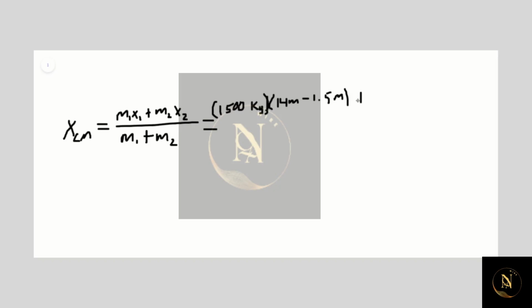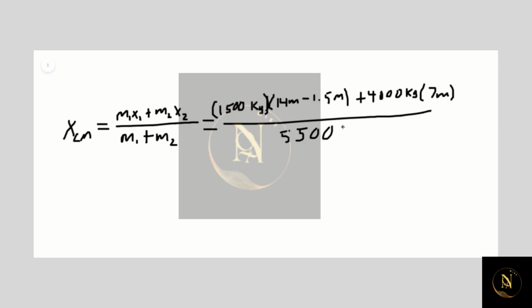And then M2 is 4,000 kilograms multiplied by x2, which is 7 meters. Then this is going to be divided by 1,500 kilograms plus 4,000 kilograms, which is 5,500 kilograms. Okay, plugging all of this into your calculator, this comes out to equal 8.5 meters.